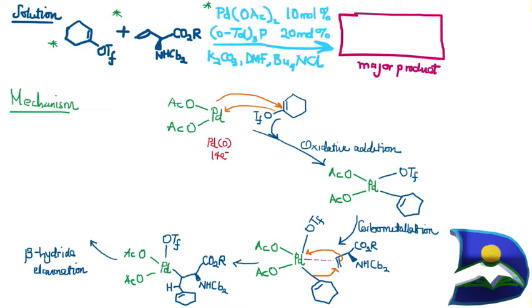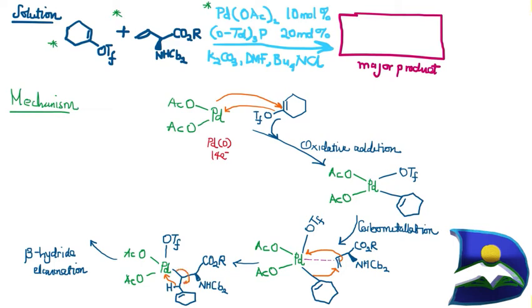So this next step, which is called a beta-hydride elimination, involves the beta hydrogen forming a sigma bond with the palladium, while the sigma bond that attaches palladium to that specific chain is broken off to form a new pi bond.